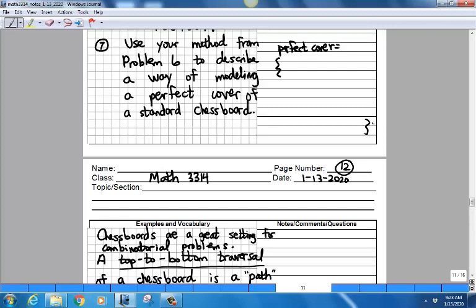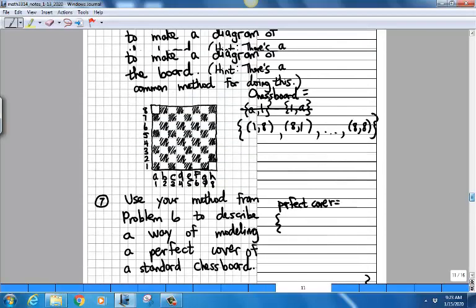So Catherine says in a tiling you have all these dominoes, but each domino really just covers what? Two positions on the chessboard, correct? So you can represent a domino as just a pair of positions on the chessboard. So each domino is just a pair of those positions, but those positions are also pairs, correct? All right, so let's put a domino there, Catherine, and then let's write it down.